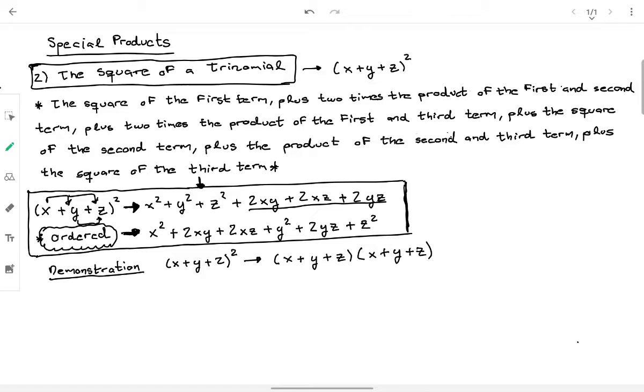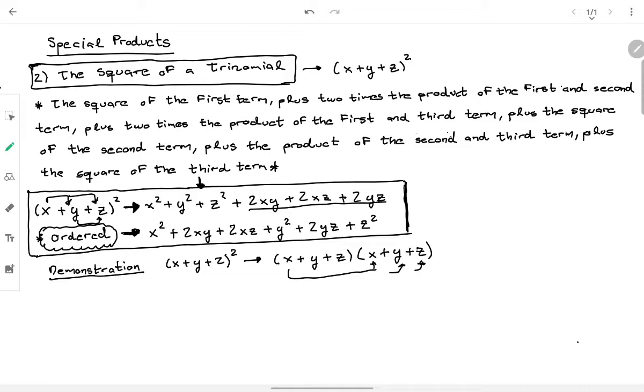Remember, to demonstrate, we need to do the whole multiplication. So in this case, we have a trinomial squared, so it's like having the same trinomial 2 times. First we need to multiply the first term by every term in the second parenthesis.